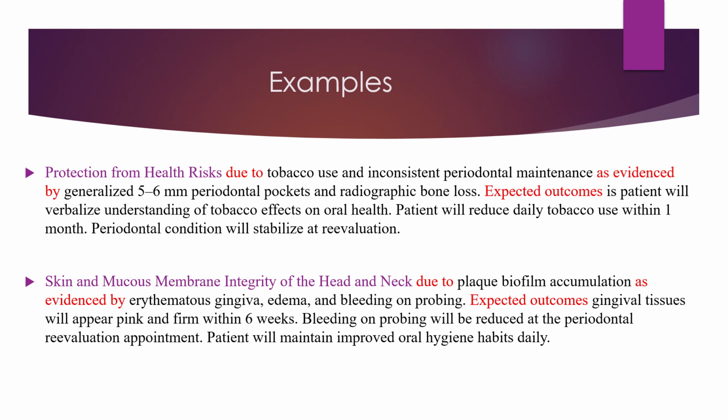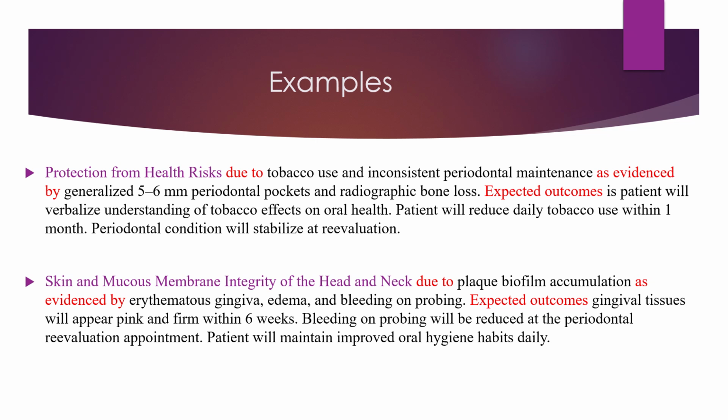So again, this would tell me that the patient presented with red gum tissue, that there was some bleeding on probing and inflammation. Okay, why did this happen? This is happening because the patient has biofilm accumulation, and that would make the skin and mucous membrane integrity of the head and neck deficient.